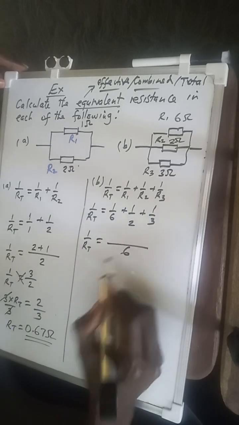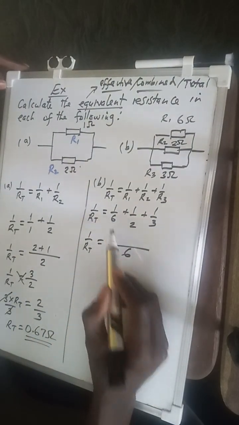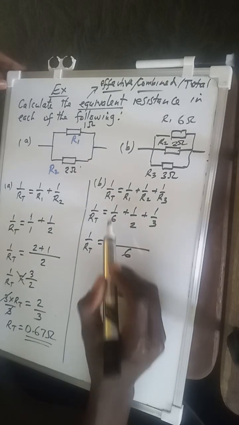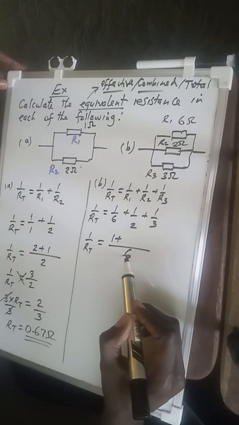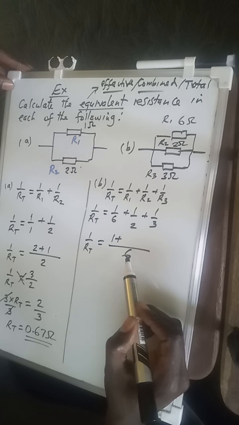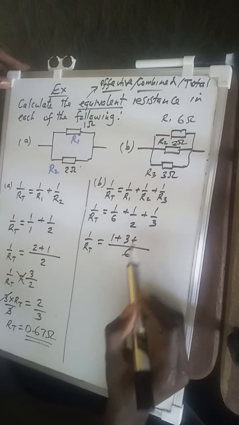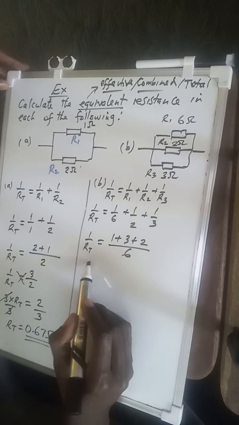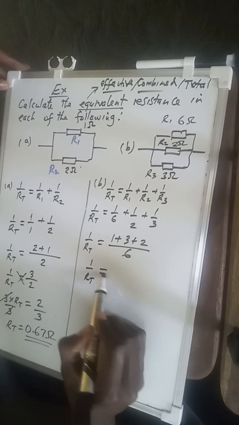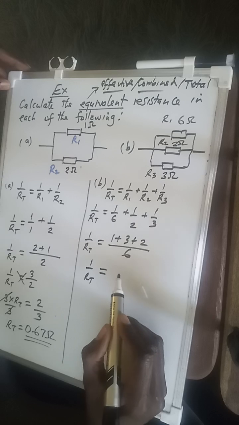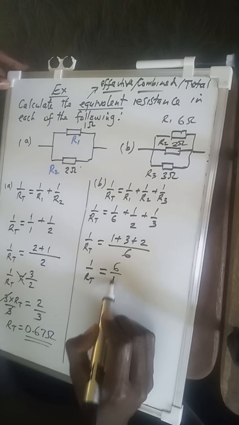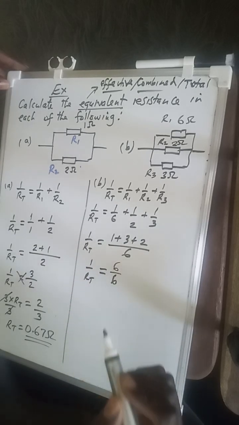The common denominator there we can use is 6. 6 into 6 is 1, times 1 is 1, plus 2 into 6 is 3, 3 times 1 is 3, plus 3 into 6 is 2, 2 times 1 is 2. When we add what is on top, we have 6 over 6.